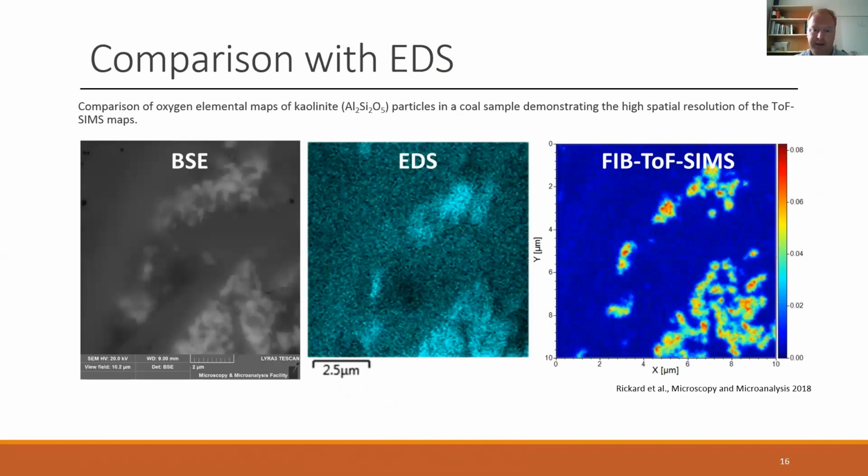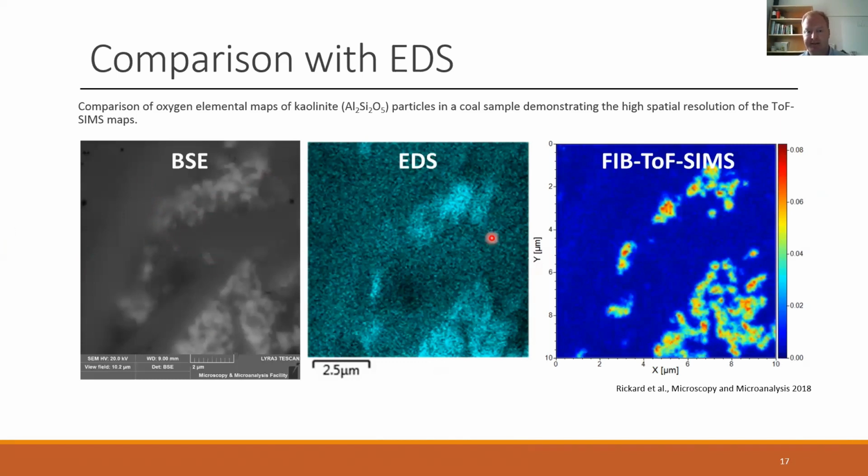Okay, so just a brief example comparing EDS and ToF-SIMS. This is some fine particles within a coal sample: some clay particles within coal. In the backscatter imaging with electrons, you can see a bunch of these particles, and we can quite easily resolve them.